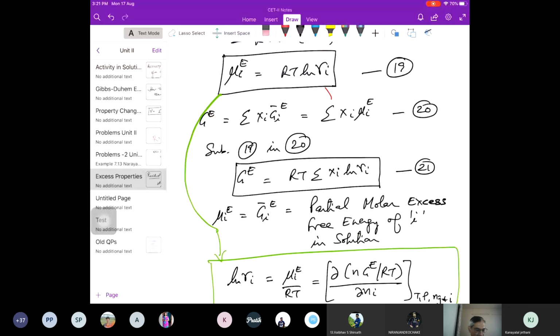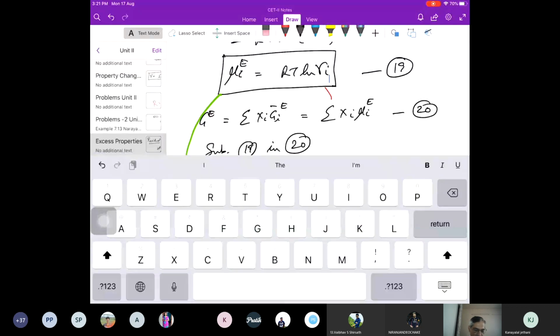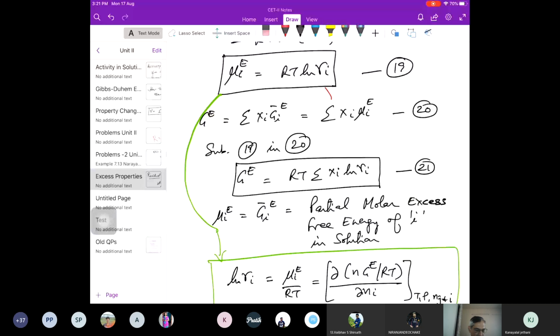So from equation 19, what you get is ln gamma I is equal to mu I E upon RT, if you take RT to this side.